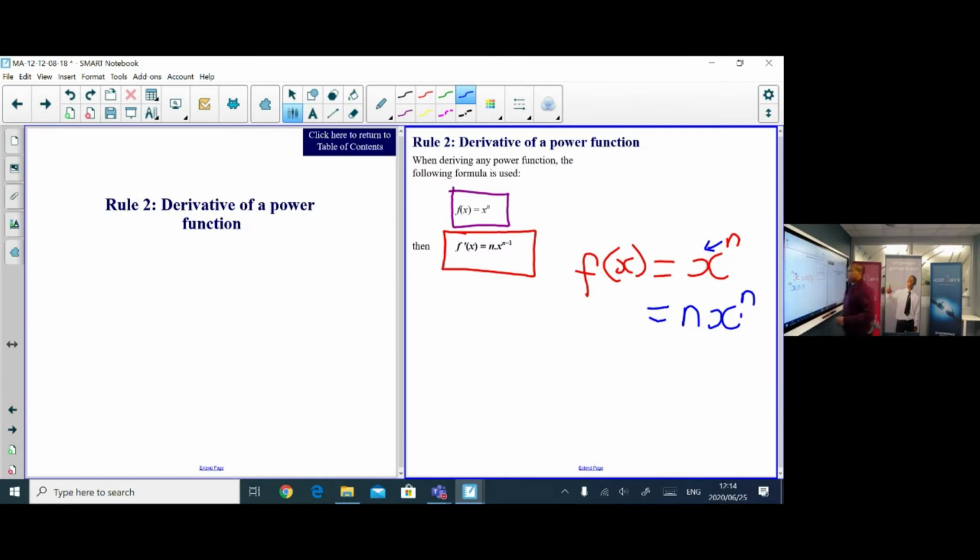So this is happening in your mind. And then the next thing that happens is that you subtract 1 from your original n, the exponent. So you finally have your formula like that.